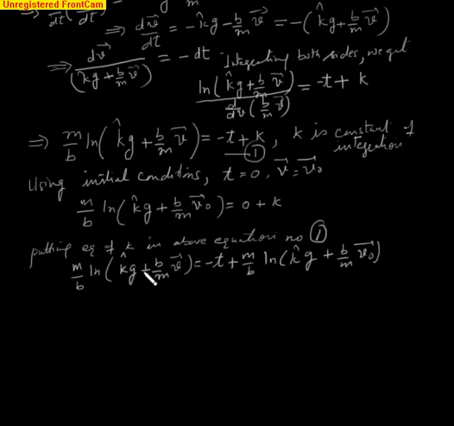Now you see this term is just like this term. Let us bring this term to the left hand side. This plus term will become negative on this side. Since here we have m over b and here also we have m over b, let us keep it outside as common.